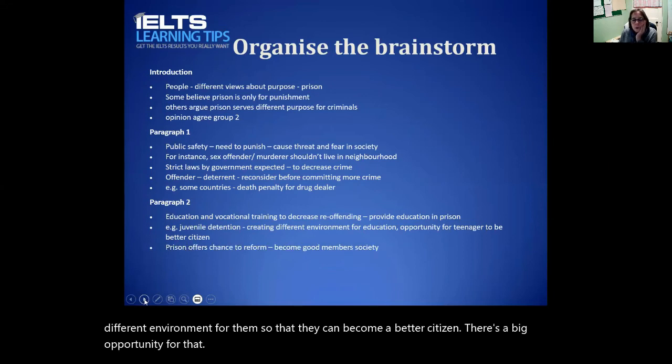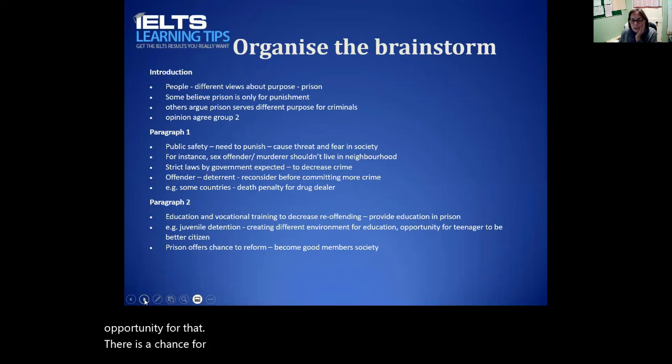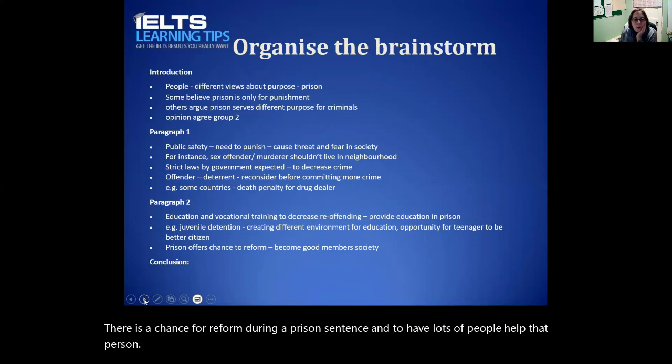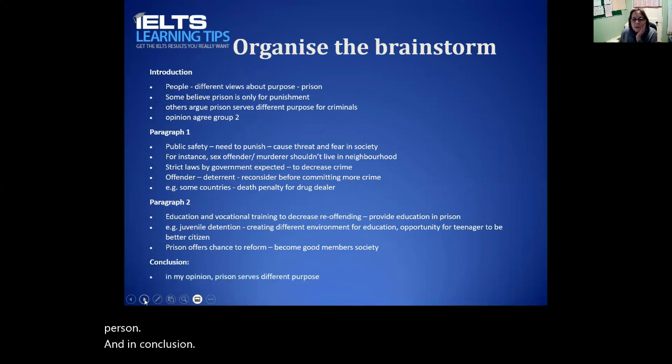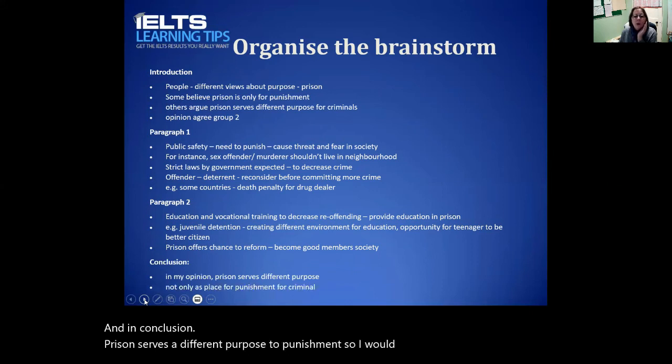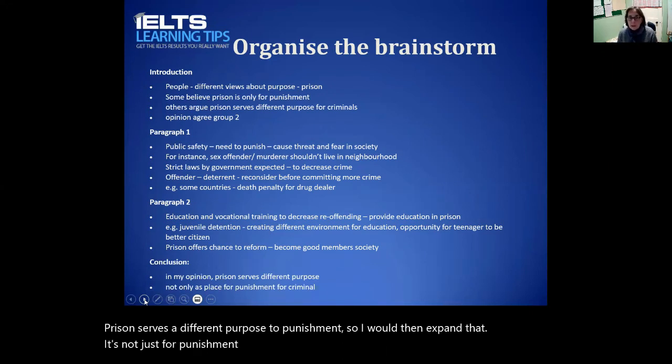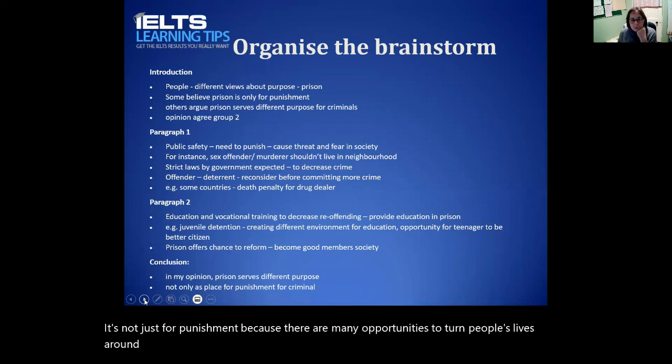There is a chance for reform during a prison sentence, and to have lots of people help that person. And in conclusion, prison serves a different purpose to punishment. So I would then expand that. It's not just for punishment, because there are many opportunities to turn people's lives around and change the situation.